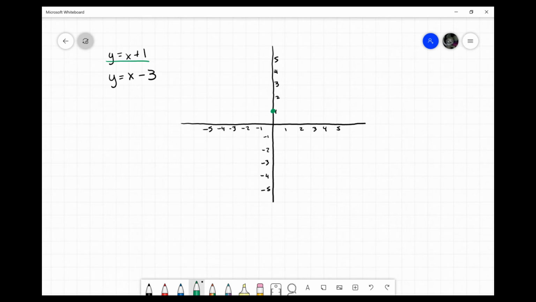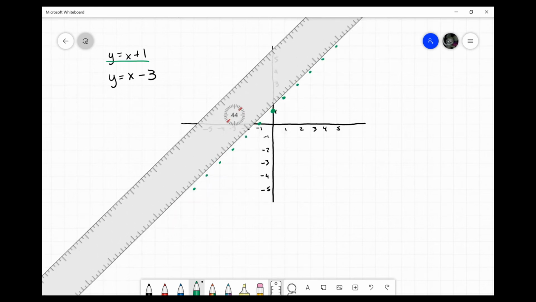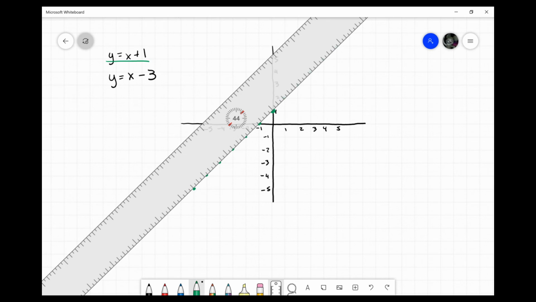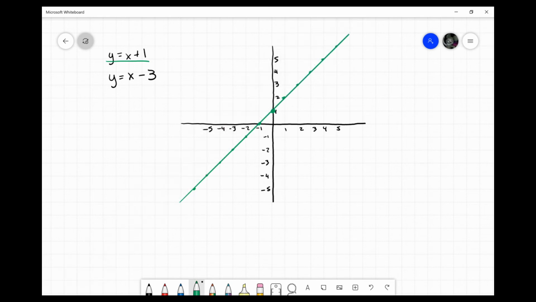So a slope of 1, also known as 1 over 1, means we're going to go up 1 over 1. I can also go down 1 and back 1 as well if I wanted. That is continuing the same slope. When I have at least 2 points, I can then graph a line. And that gives us the line of y is equal to x plus 1.